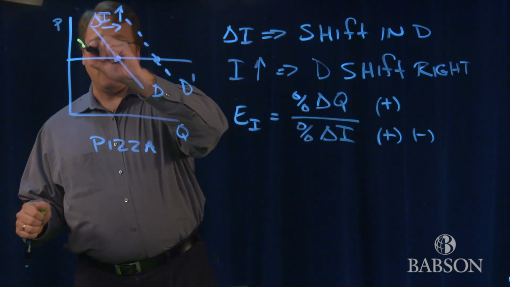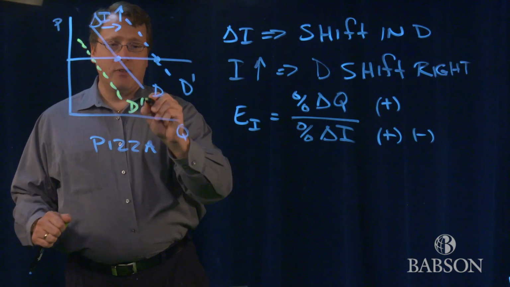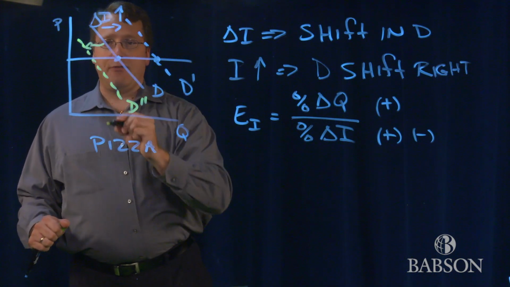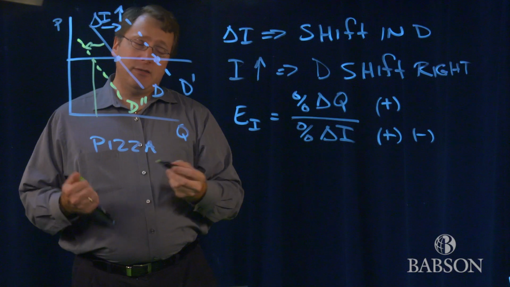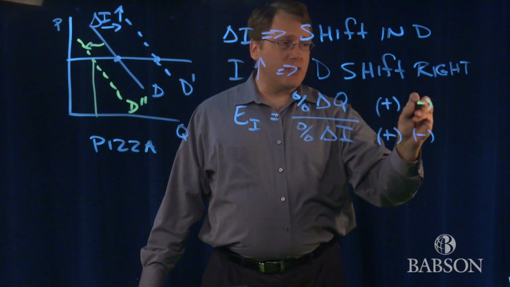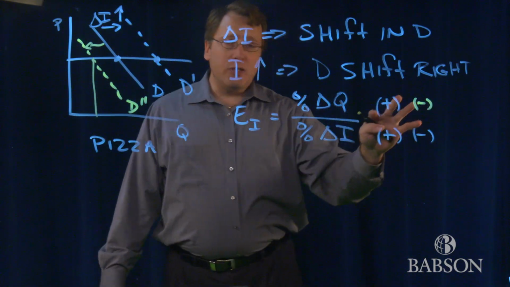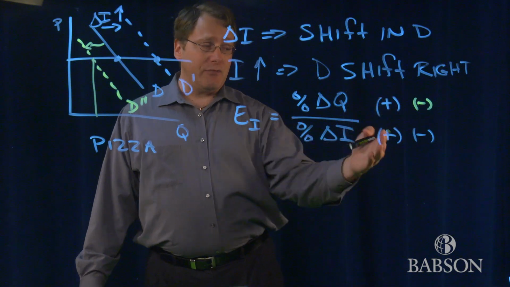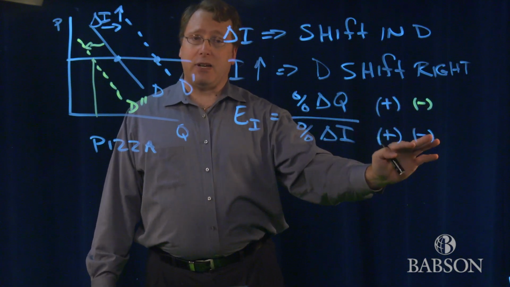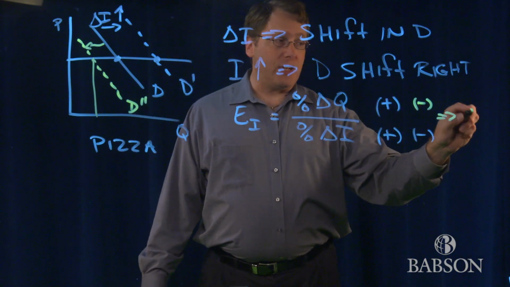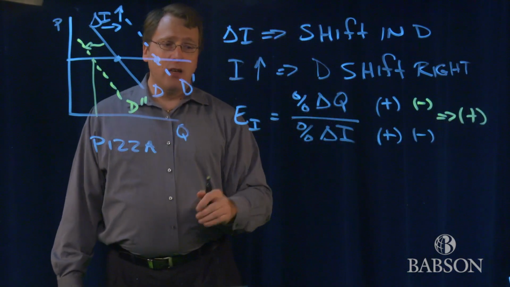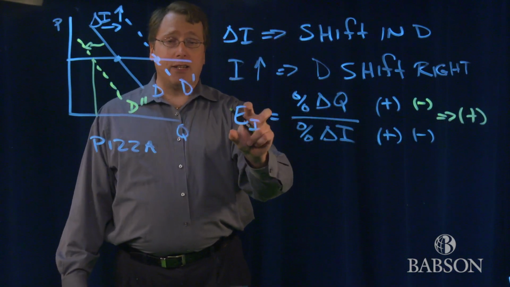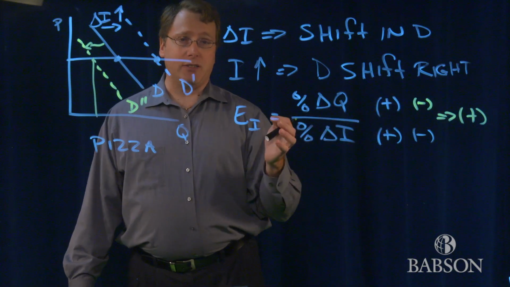That's going to cause the demand curve to now shift left, and that quantity demanded decreases. So this is also negative. You notice in both of these cases, a positive divided by a positive and a negative divided by a negative, both of these give us a positive result. So for most products, the income elasticity of demand should be positive.